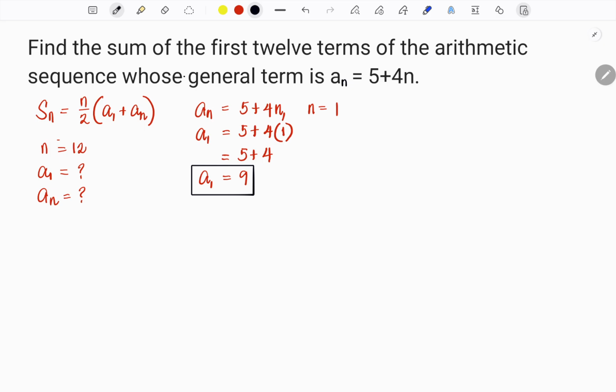So we have now a sub 1. And the next thing we should do is to solve for the last term, which is a sub 12. Since there are only 12 terms in the sequence, this is where we're going to use n equals 12.